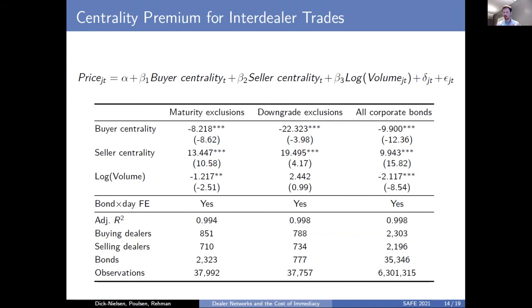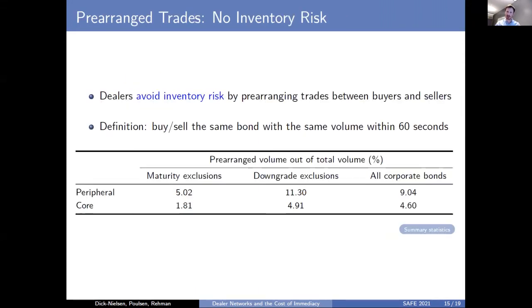But because of our data with anonymized dealer identifiers, we can also identify trades where dealers are not using their inventories altogether. So we look at these prearranged trades because they contain zero inventory risk. We identify a prearranged trade as when the same dealer buys and sells the same bond with the same volume within 60 seconds from each other.